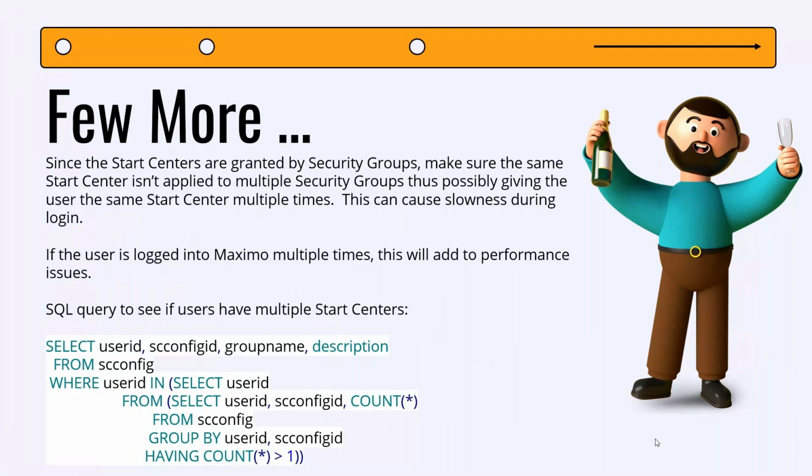I've had users call in complaining of slowness, and when I TeamViewer into the user's computer to help troubleshoot, you can notice they have multiple browser tabs open. After closing the tabs and only having one open, the speed is improved. I'm not sure if this happens everywhere, but I've seen it many times here. And also here's a SQL query where you can see if users have multiple Start Centers, if you want to see who has what. Next slide, please.